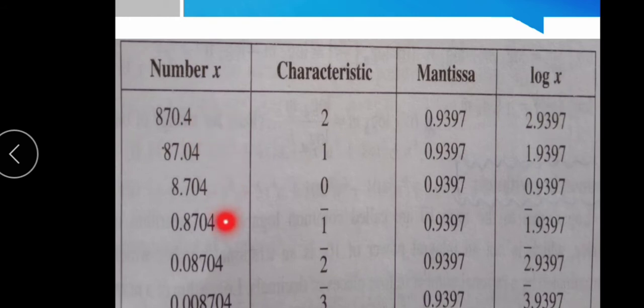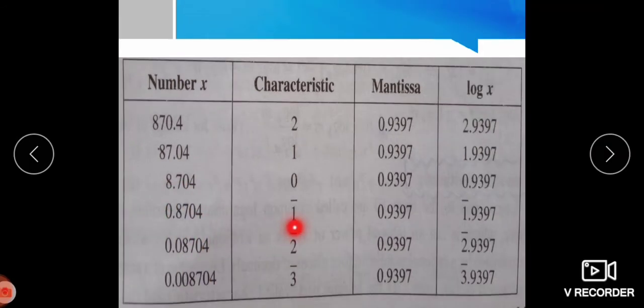I have taken all the digits the same purposefully, 8704, only the characteristic is different. If the number is less than 1, then the characteristic is minus of the number of zeros between the decimal point and the first non-zero digit, plus 1.